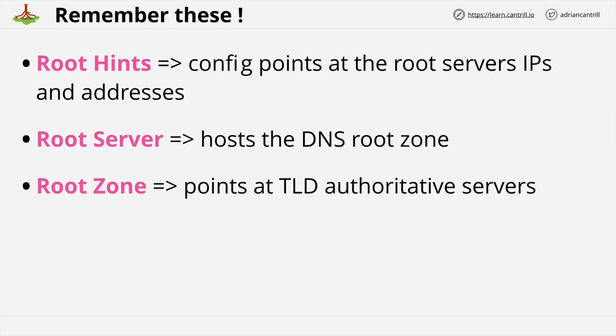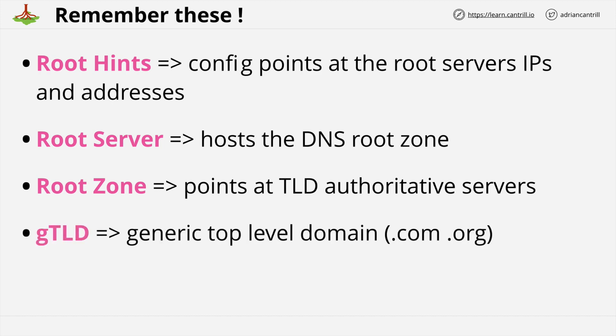So for all of these top level domains, .com, .org, .uk, it has a record which points at the authoritative name servers that it has delegated control to. So for example, for .com, it has a list of name servers that are authoritative for .com. And that's how that chain is linked from one step to the next.